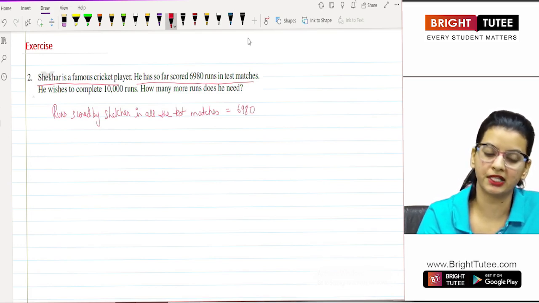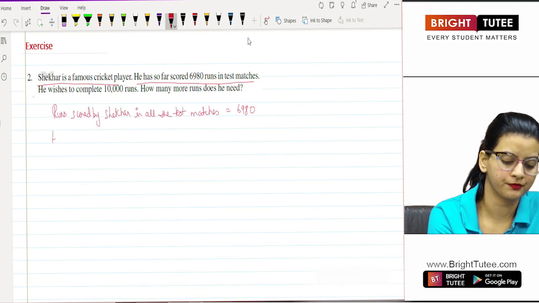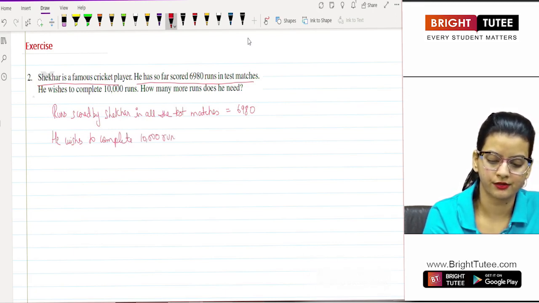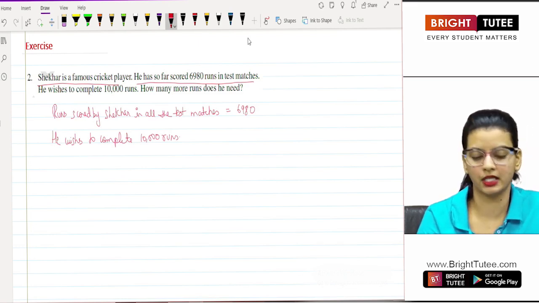He wishes to complete 10,000 runs. How many more runs does he need?